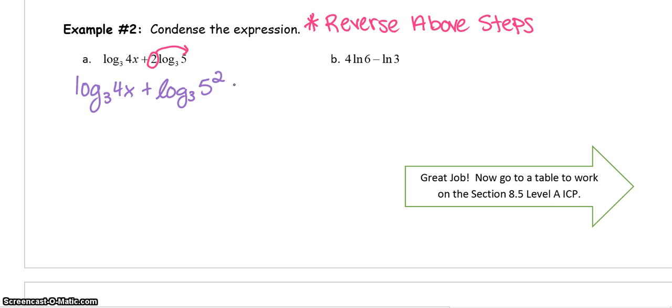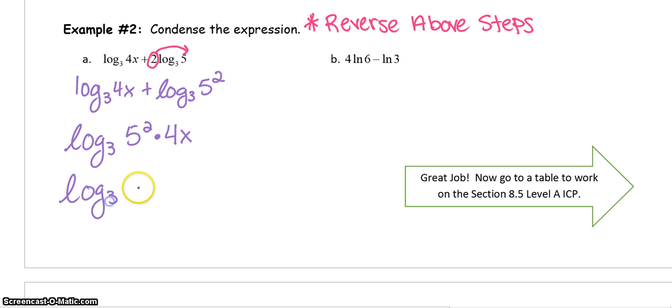Now, since I have addition, that would be not the power property, the product property. So that means we can combine the insides using multiplication. So log base 3 of 5 squared times 4x. And for our final step, we just want to simplify the numbers in there.